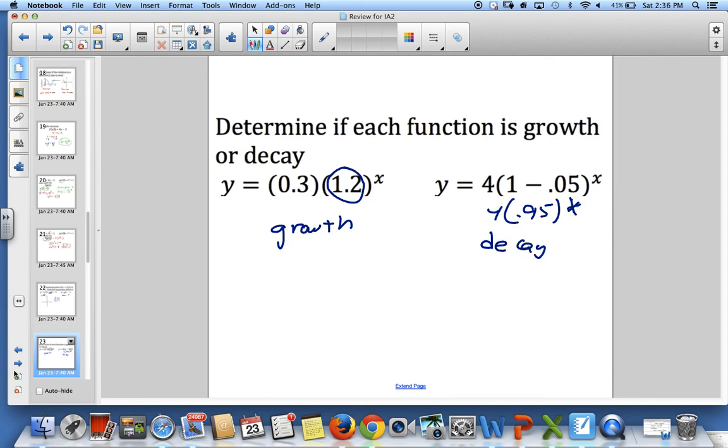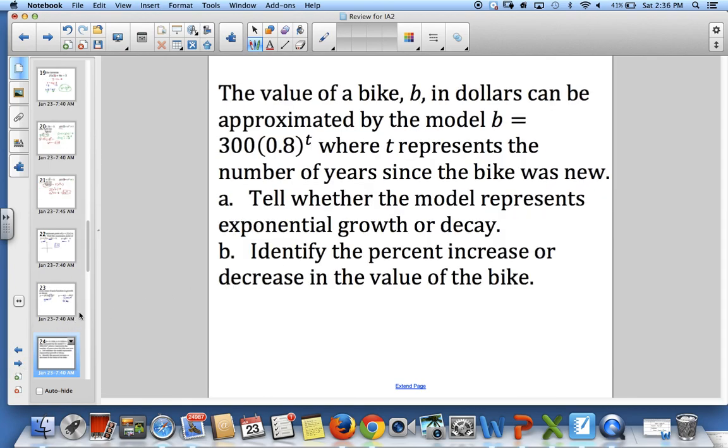And that's that. Okay, as we move on, we're looking at this problem, and we say b equals 300 times 0.8 to the t power. Tell whether the model represents exponential growth or decay. This number here is less than 1. That means it's decay.